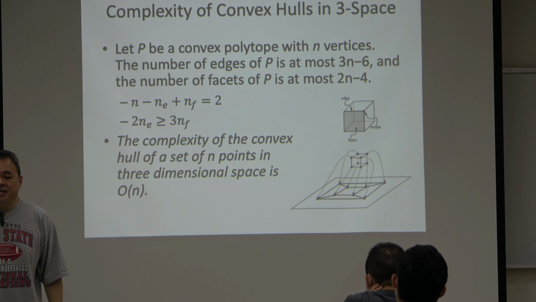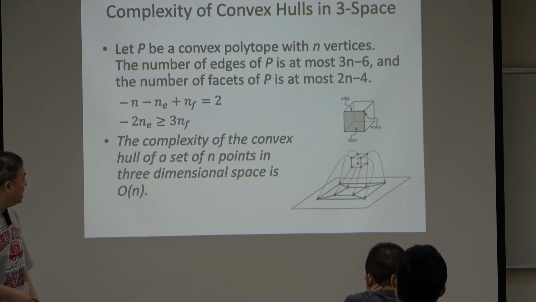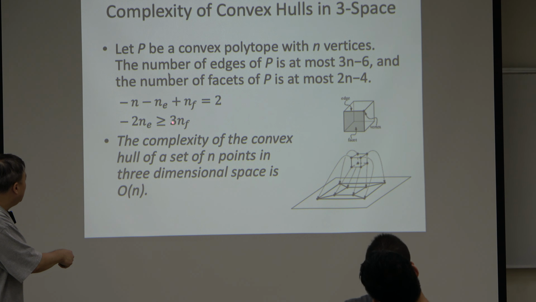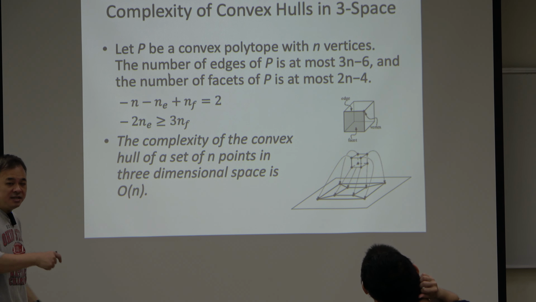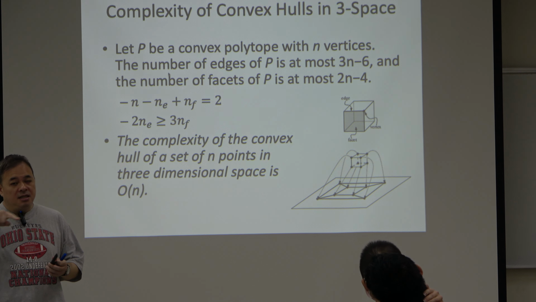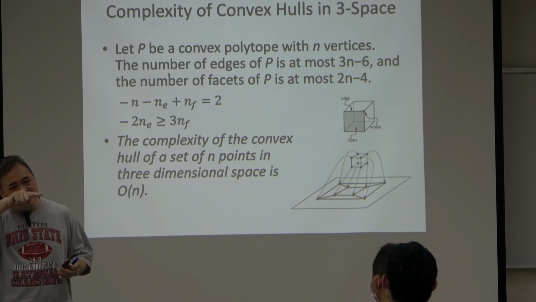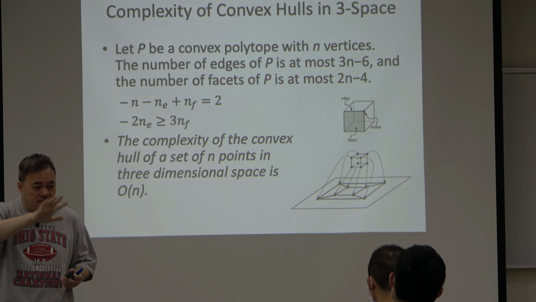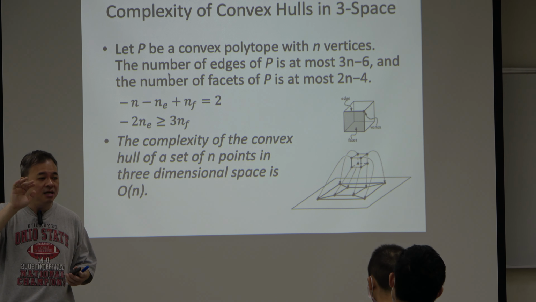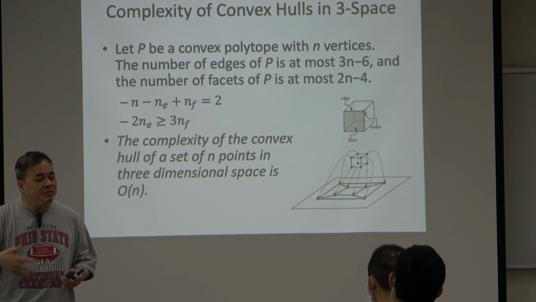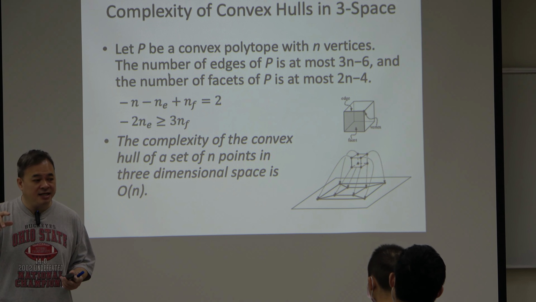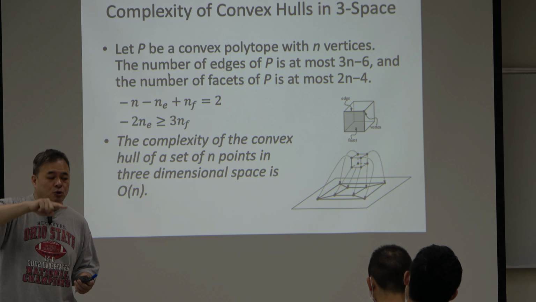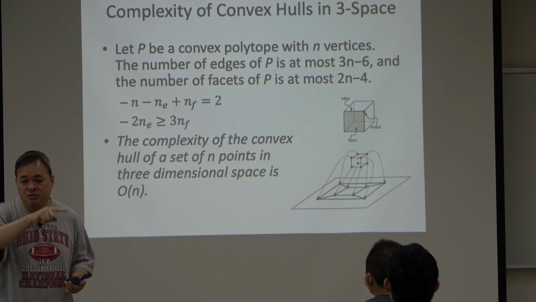The other estimate is that each face has at least 3 edges, or at least 3 degrees. Sometimes this could be an underestimate, because a face could have more than 3 degrees.